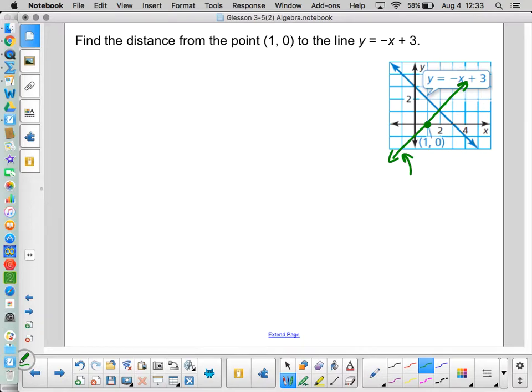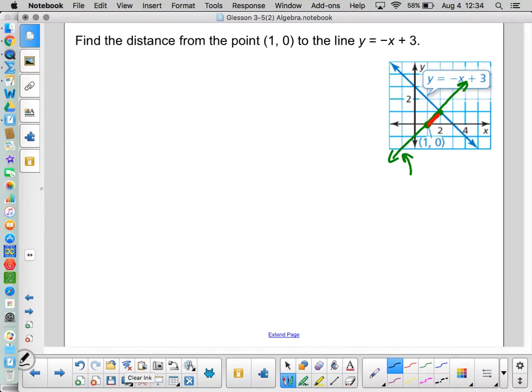Once I know the equation of that line, I need to find where these two lines intersect exactly. Now, fortunately for us in our picture, we can tell where that point of intersection is pretty easily. And then finally, I'm going to have to use distance formula to calculate that distance. So this is a big multi-step problem.